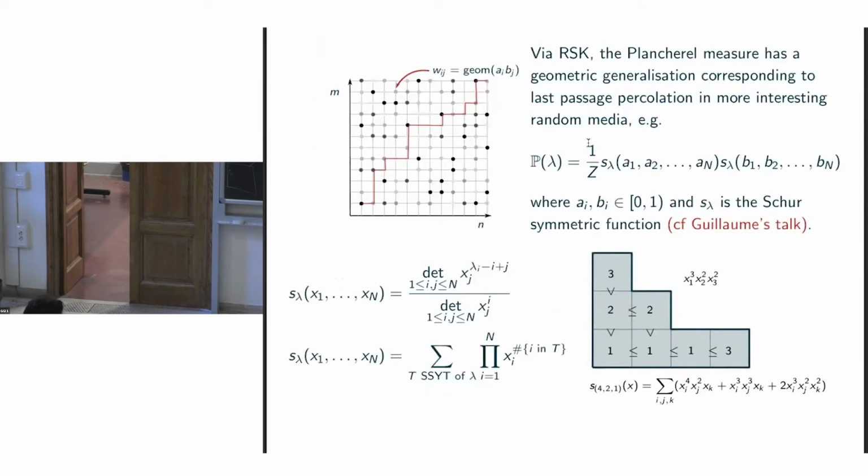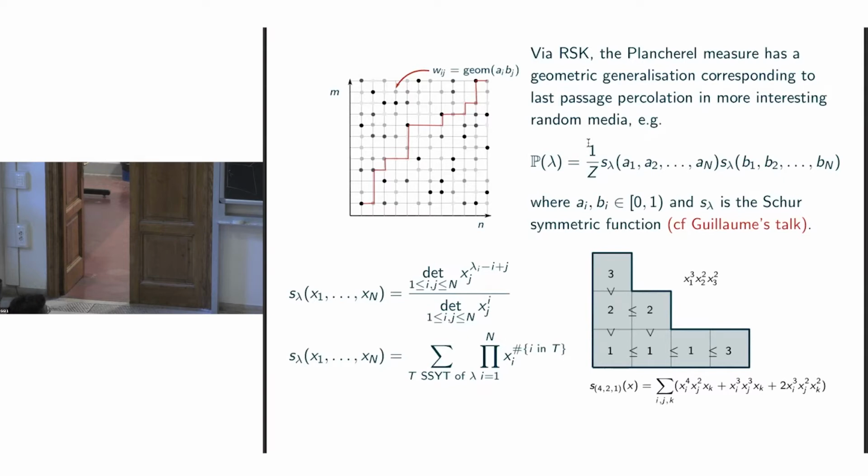typical way you'd want to generalize it is to consider, for instance, more interesting media. So this is something I mentioned in Guillaume's talk. I tried to pick that example on purpose, where you naturally find, due to the symmetry of this situation where you look at paths conditioned on arriving at a certain point, a measure built from a particular family of symmetric functions called Schur functions.